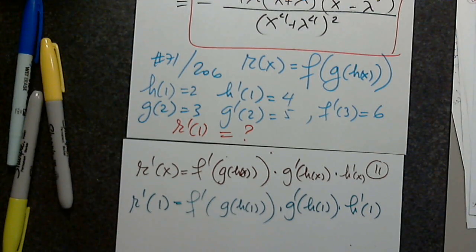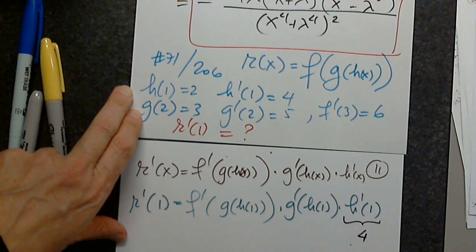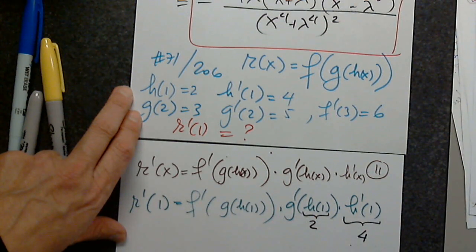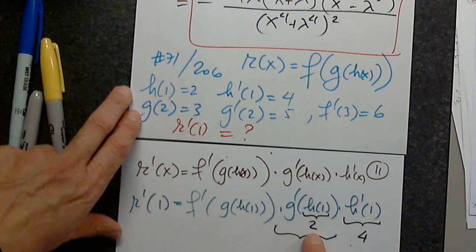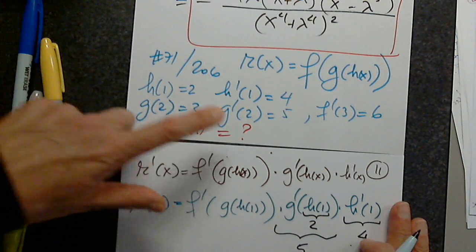Now I start backwards. So this is given to us to be 4. Now this is g prime of 2. So wait for a second. Now I find the g prime of 2. So it's 5 indeed. So this is done for now.